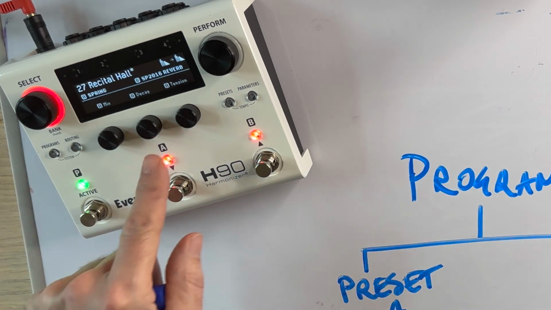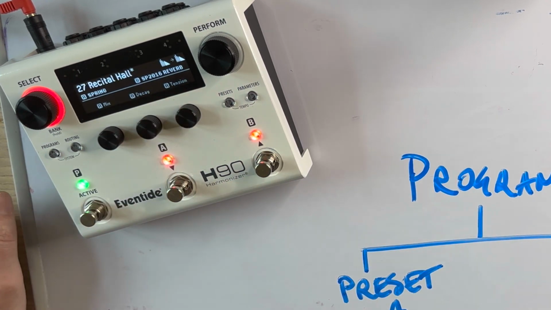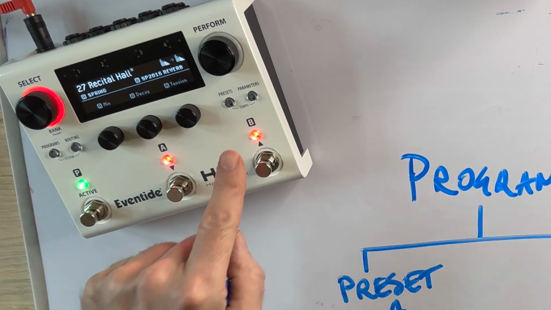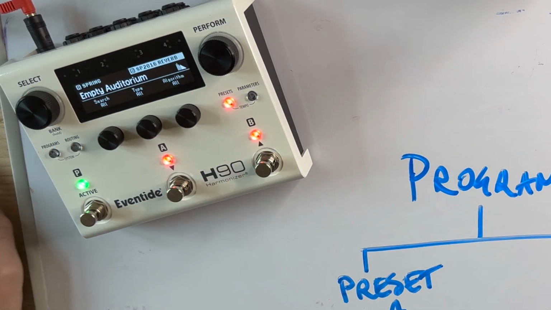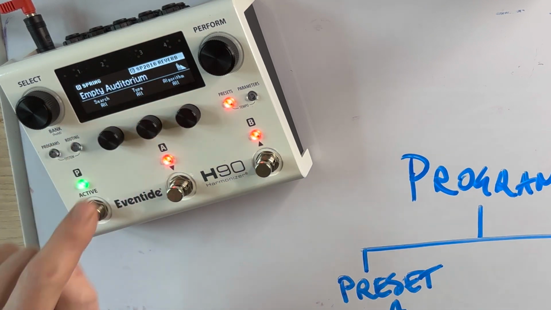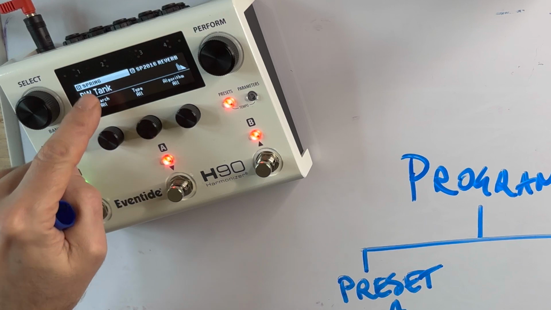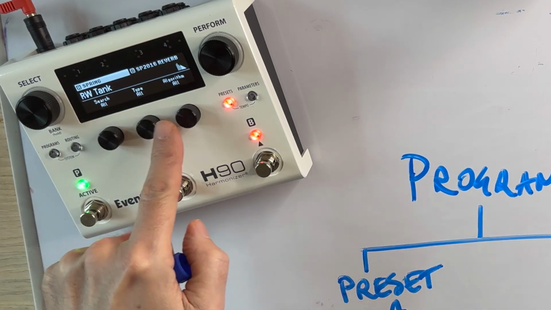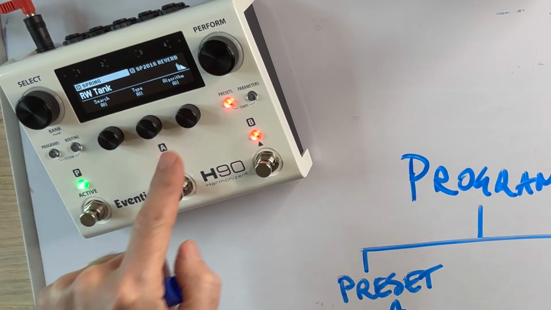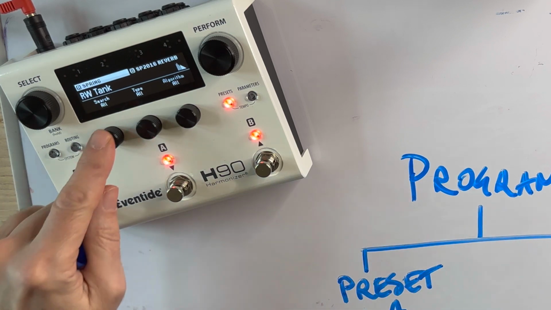So say I'm good with this SP2016 reverb, but instead of the spring reverb going first, I would like to have a delay. That's okay. I can tap my presets button. It's highlighted on B. I'm not going to scroll through B. I want a delay. Now this is where these three buttons come in handy, and you can see on the bottom of the screen there, type all.